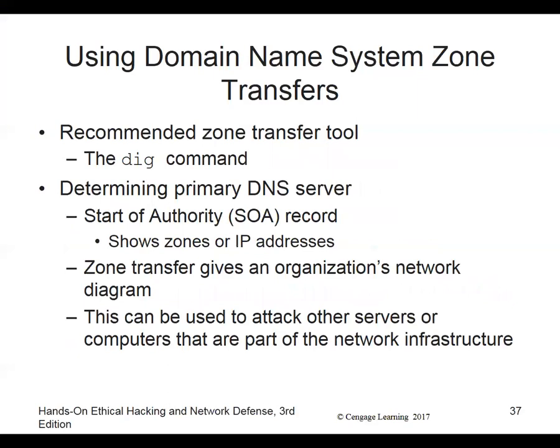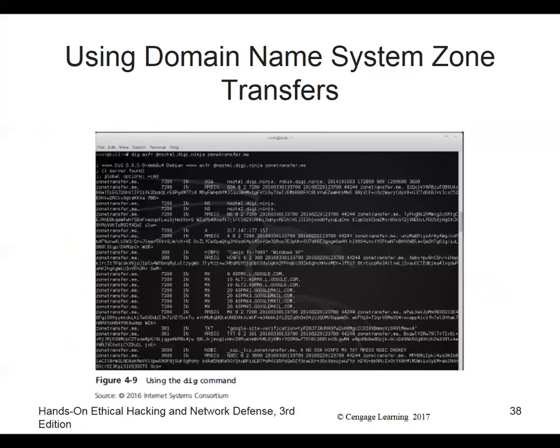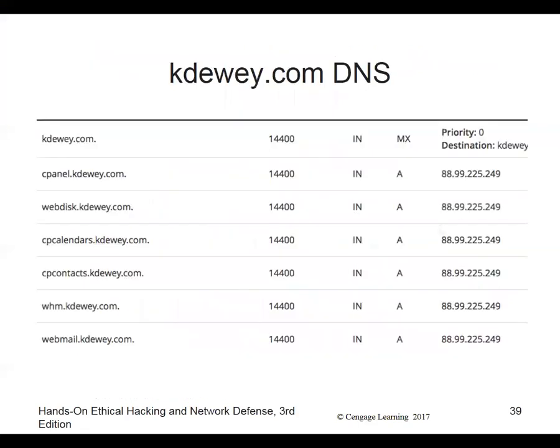A lot of tools are out there. We can use the dig command. We can use nslookup. But one of the most important things is the SOA record, the start of authority. I'm going to show you my example here now. Here's mine. This is my DNS entry for kdewey.com. See that very first entry? That's what's called an MX record.